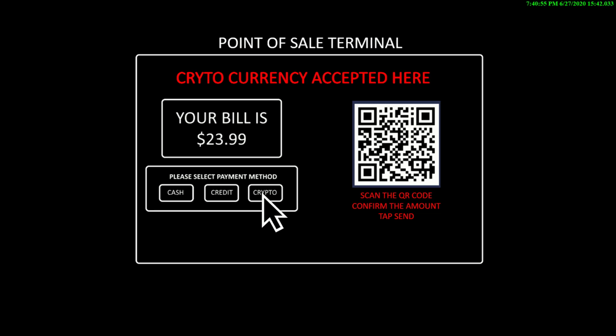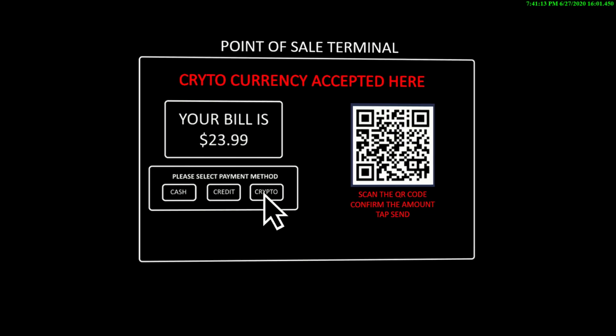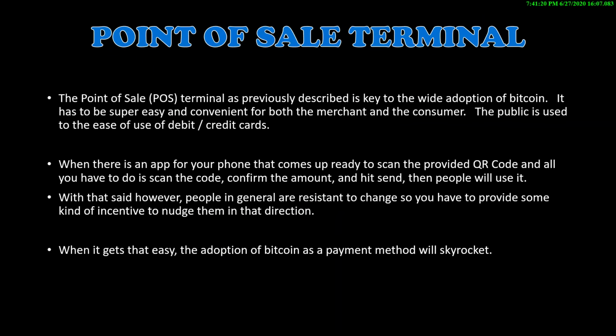If they click the crypto button, it's going to pop up that QR code that you see, and the instructions below will be scan the QR code, confirm the amount, tap send, and that'll be done with an app that's on the customer's phone. More on the point of sale device.